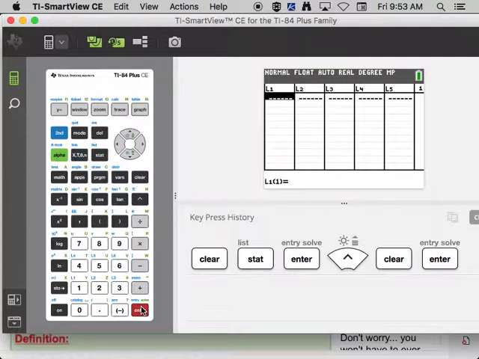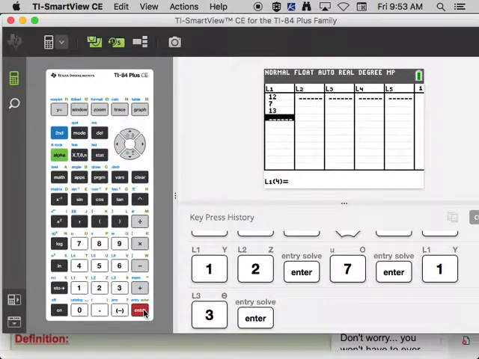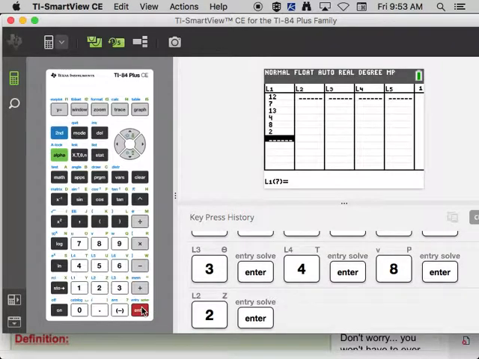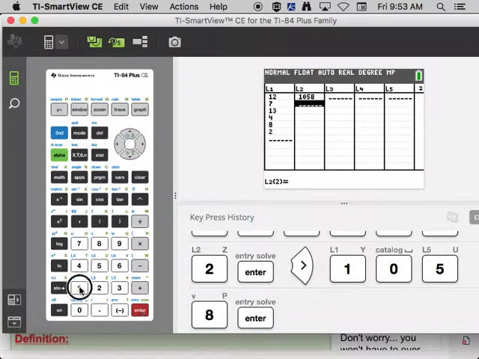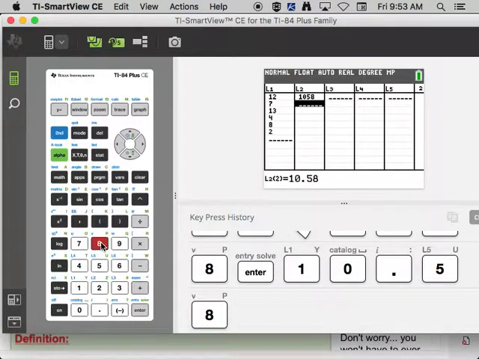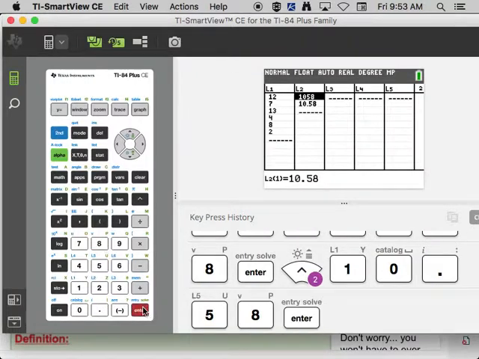Can somebody read off all of those observed counts, please? 12, 7, beautiful. And then was it 10.58 for the first 2? Oh, whoopsie. Then was it 6.9?